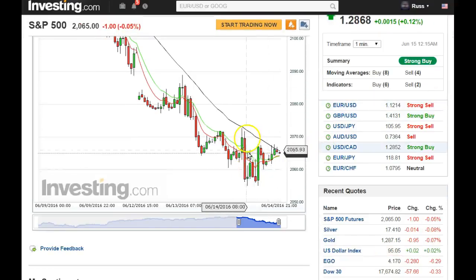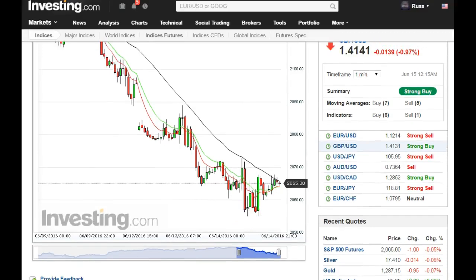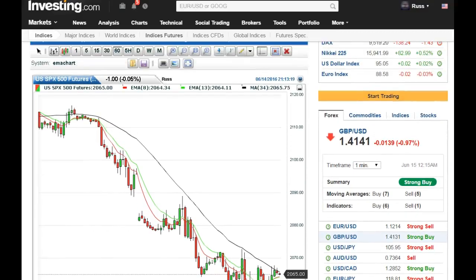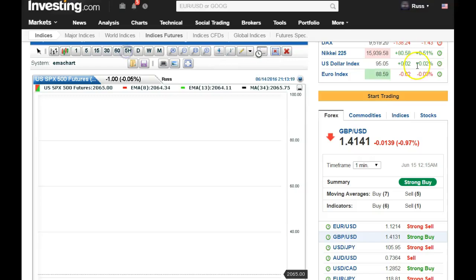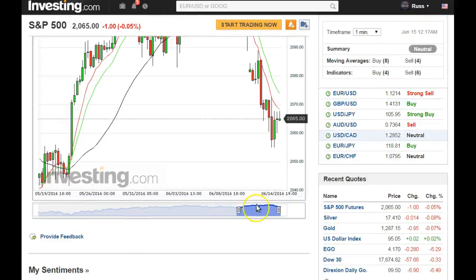Well, we got a W. See the W, bullish pattern, working off a double bottom. So we'll see what happens to the S&P for the next few. It's a 60-minute chart. Back to the 5-hour.